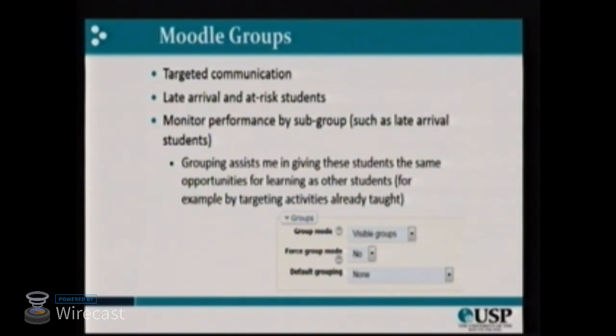So by setting up particular groups and being able to use those to then see where certain students are struggling, and also to be able to monitor their performance much faster, and then to be able to address any issues that are arising well before it becomes a problem in week 13, for example, of the semester.